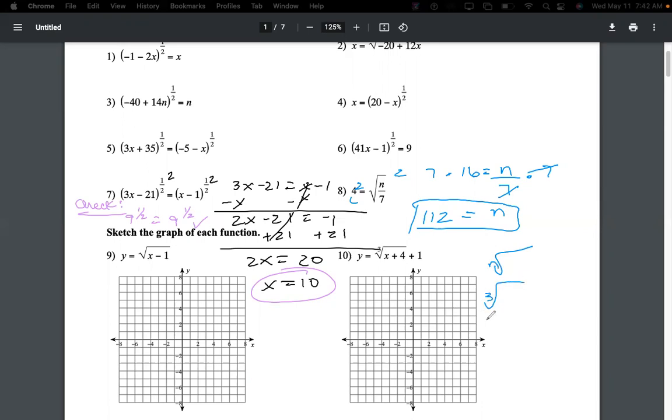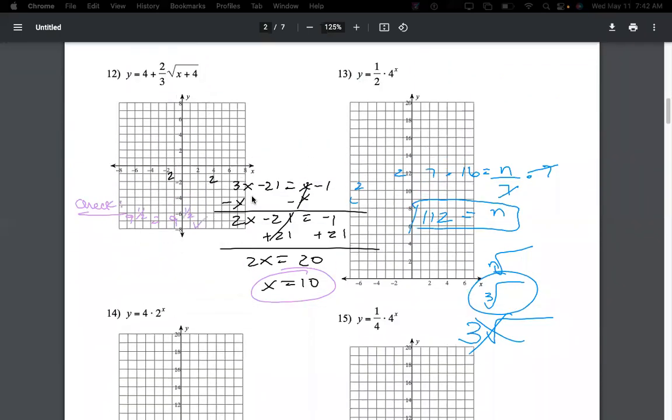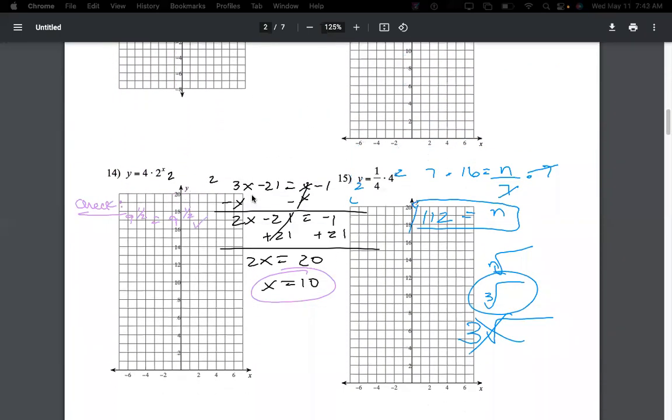But this cubic root is different from 3 times the square root. So please be careful of that. Those are different. We're looking for this one, not that one. Okay. So you'll sketch these graphs. And I'm not going to put that on here because I feel like at this point you're able to do that. Okay, so that's what you're doing for all those.